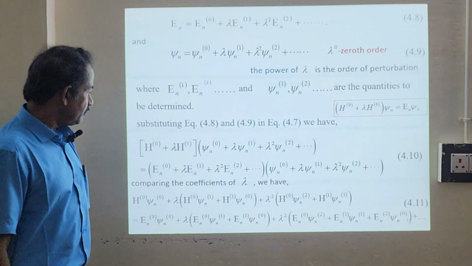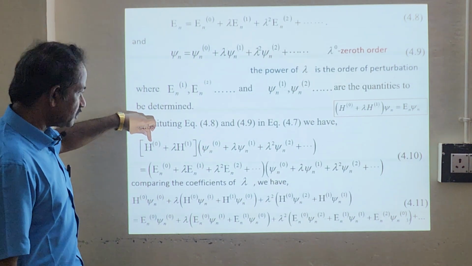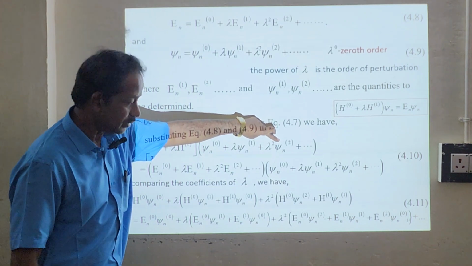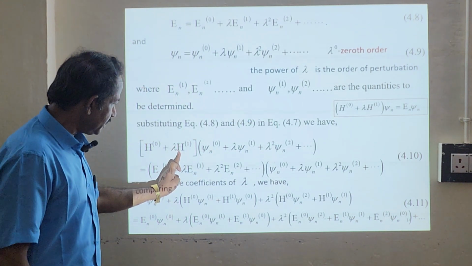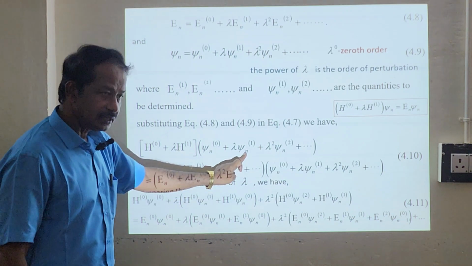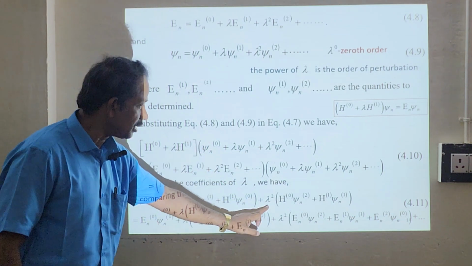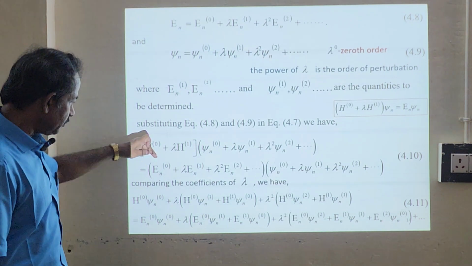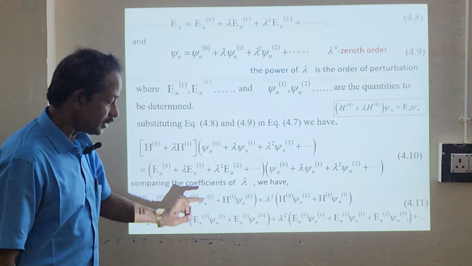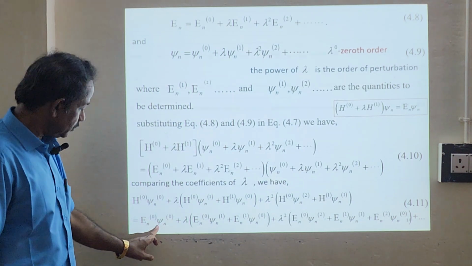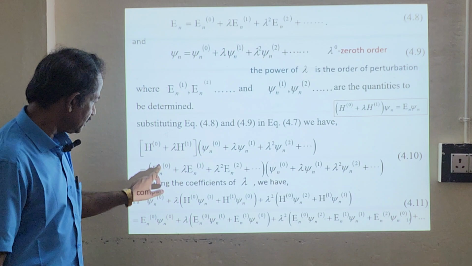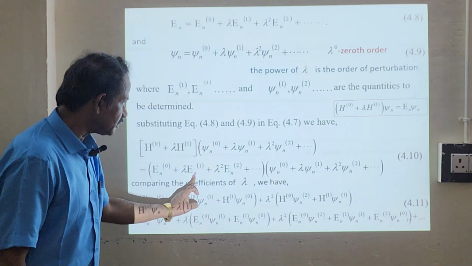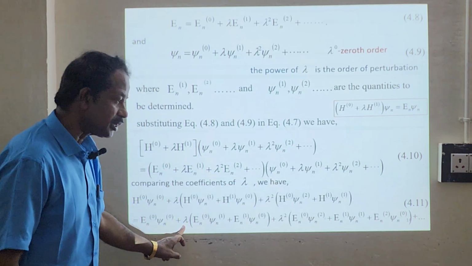For the next one, lambda squared. H0 acts on lambda squared psi n2, and lambda H1 acts on lambda psi n1, which gives lambda squared, so you pull lambda squared out. On the right-hand side, we have En0 acting on psi n0, plus En0 with lambda psi n1, and similarly En1 with psi n0, and you pull lambda out.